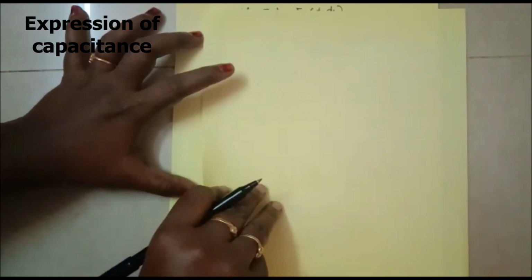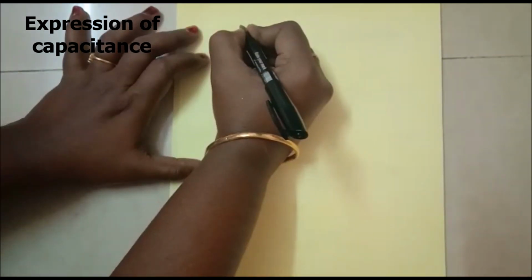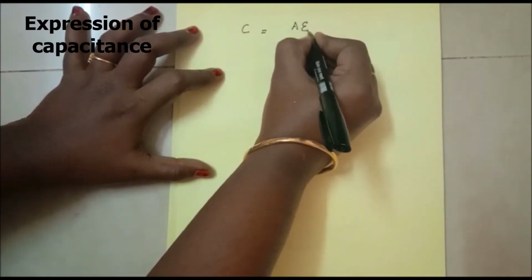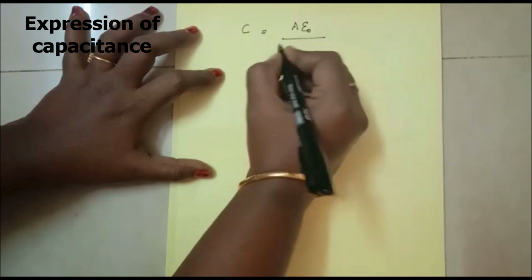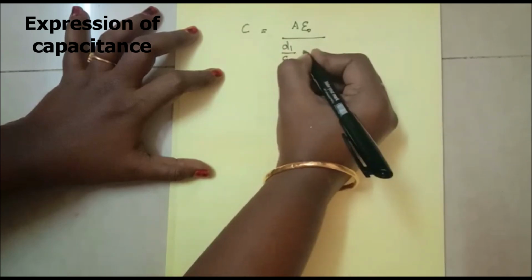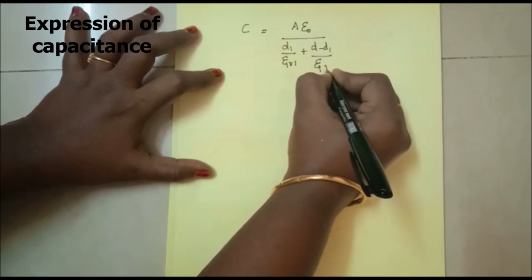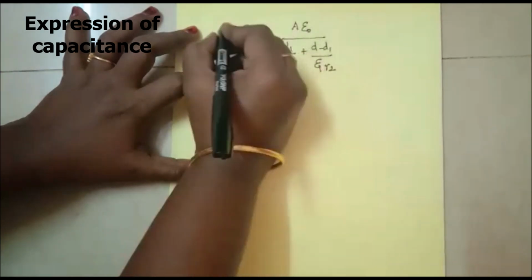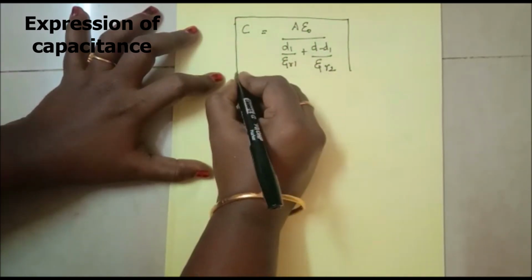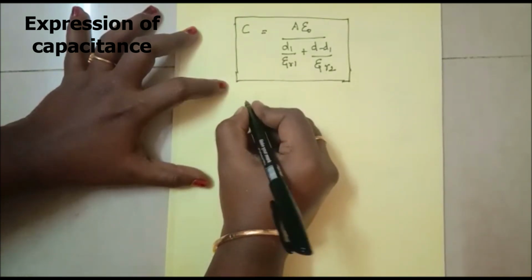The remaining terms we can write down here, where C is equal to A epsilon naught divided by d1 by epsilon r1 plus d minus d1 divided by epsilon r2, and this is the simplest form of the expression for the capacitance. This also can be reduced.